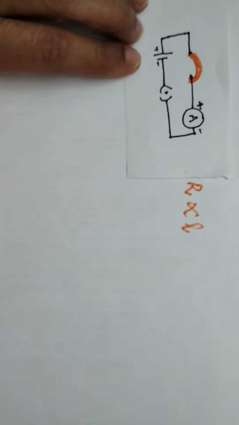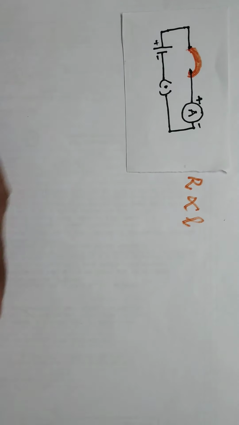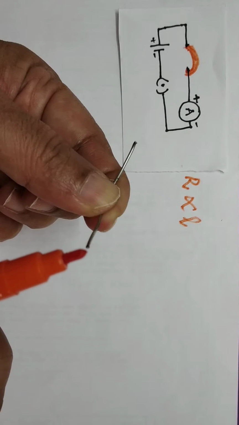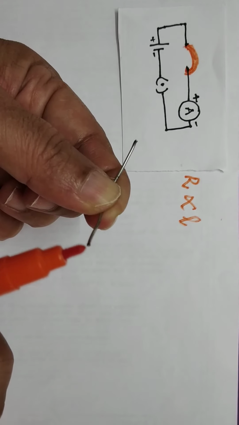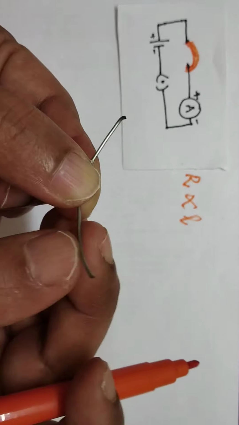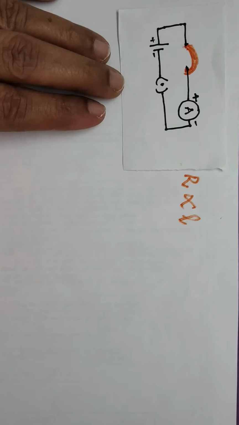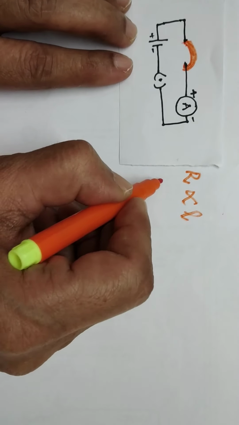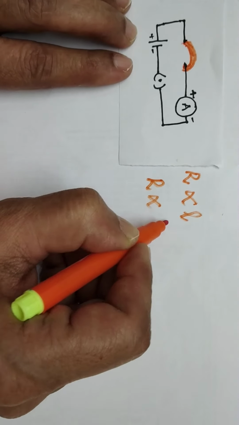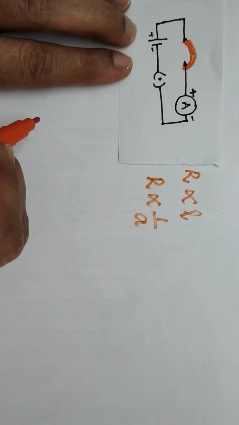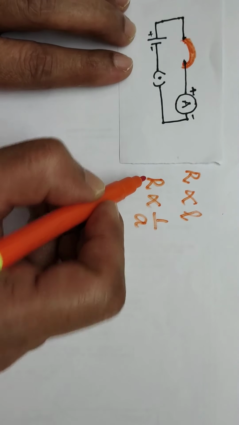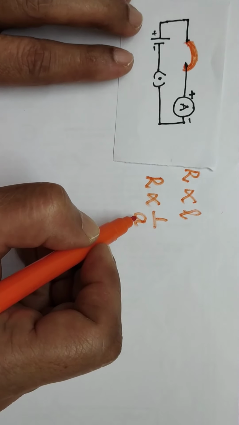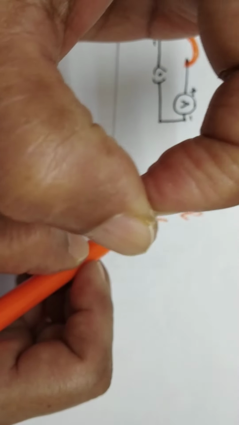When the area of cross section, that is this portion, area of the wire is area of cross section, is over here. When the wire is thicker, the resistance will be less. So you can say R is proportional to 1 by A, or you say resistance is inversely proportional to area of cross section. Area of cross section stands for the thickness.